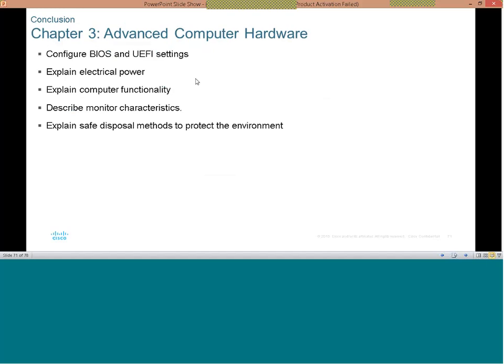Explain the Ohm's law concept, and we looked at how they explain computer functionality. We described monitor characteristics. We looked at the different features of your monitor, and then be able to explore that, and then explain safe disposal methods to protect the environment, that's our environment in which we live.